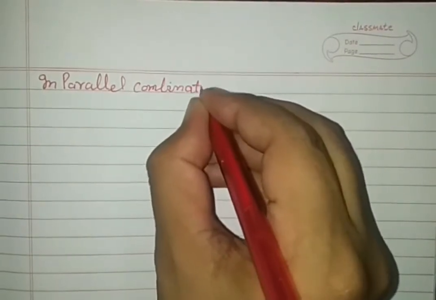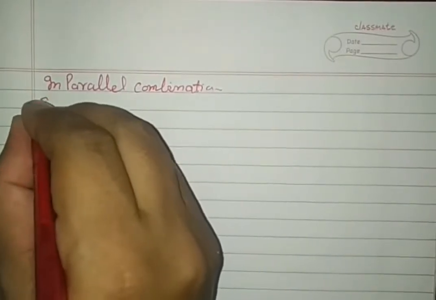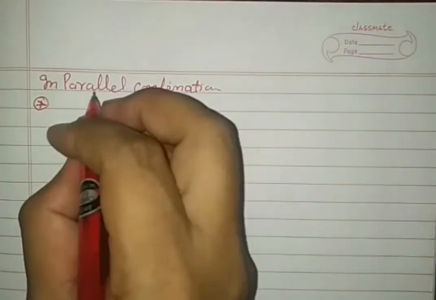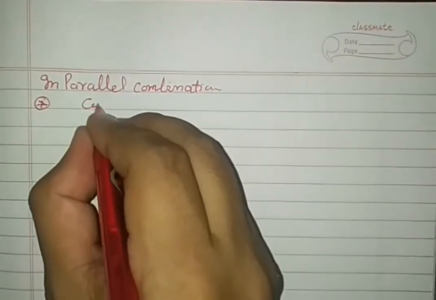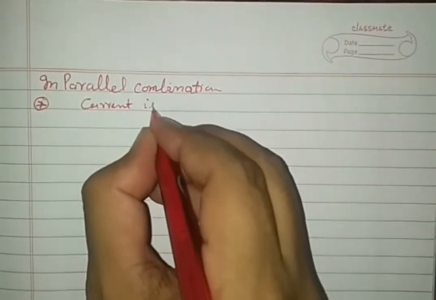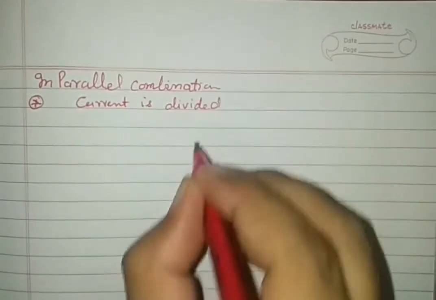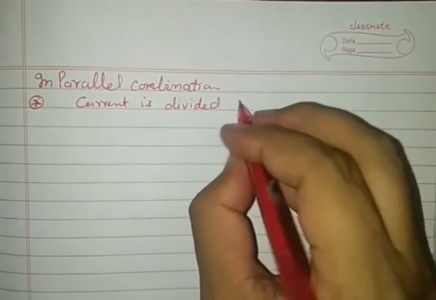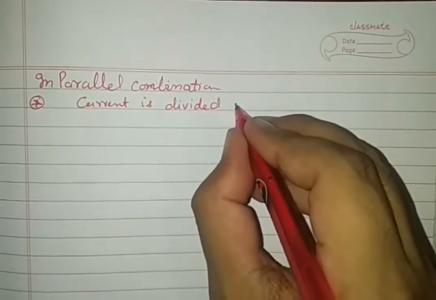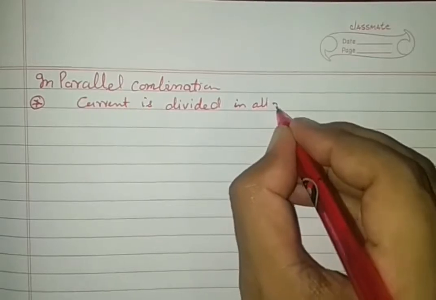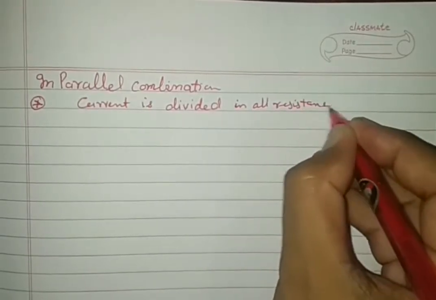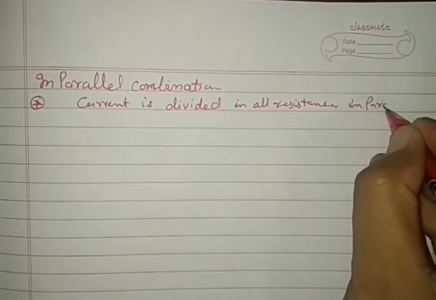In a parallel combination, these 2 points are required to understand. What is the first point? Current is divided, in this diagram, among all the resistances in parallel.